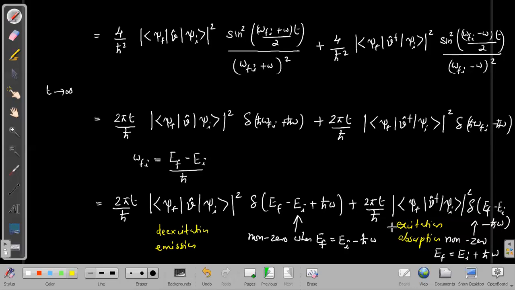This H cross omega we can refer to as a photon energy if you want. So either energy gets absorbed or energy gets emitted.